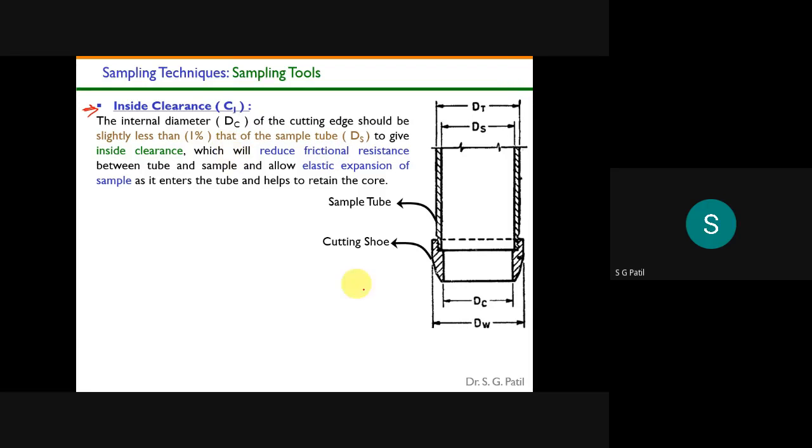Inside clearance always deals with the inner dimensions of your cutting shoe and of your sampling tube. So this is the sampling tube, and this is the cutting shoe.